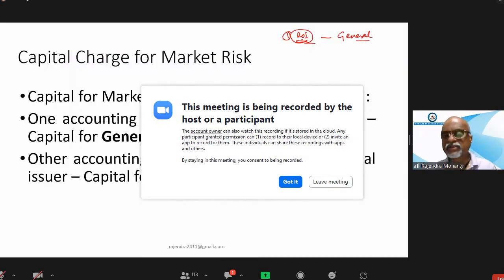When it pertains to factors relating to the individual issuer, the second one, issuer related, that capital is called specific market risk capital. So both have to be calculated. When you add them together, this is the total market risk capital. Clear? So we know that there are two types of capital.